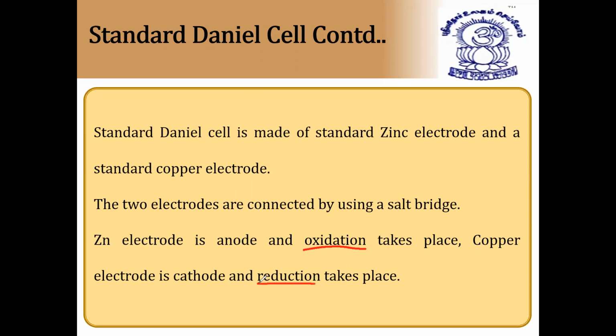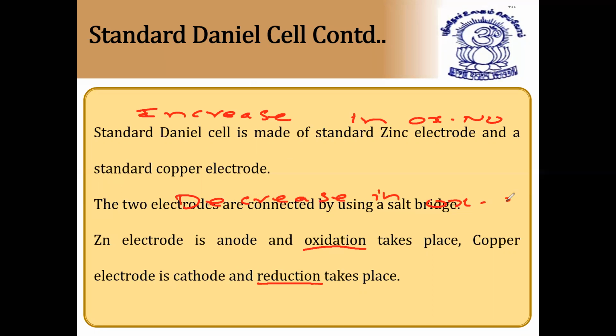Oxidation and reduction both are very important. So increase in oxidation number, I'm writing here, increase in oxidation number is called oxidation, and decrease in oxidation number is called reduction. I hope it is clear now.